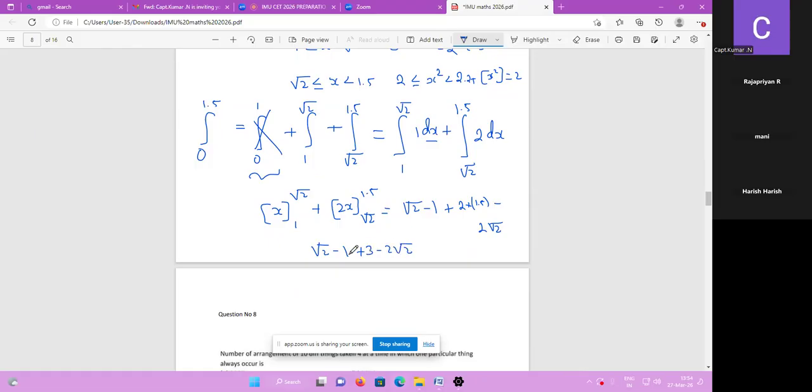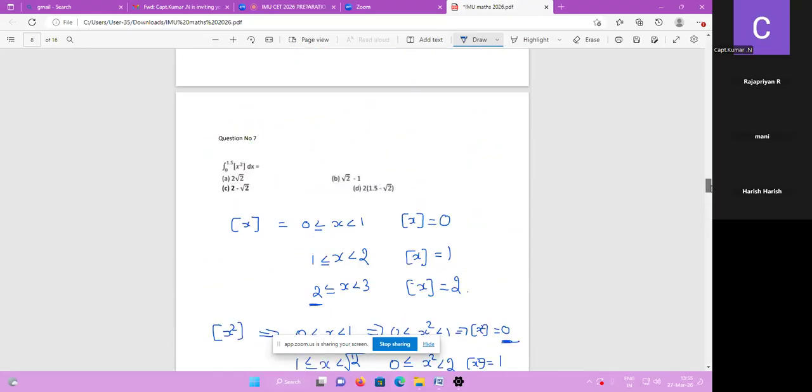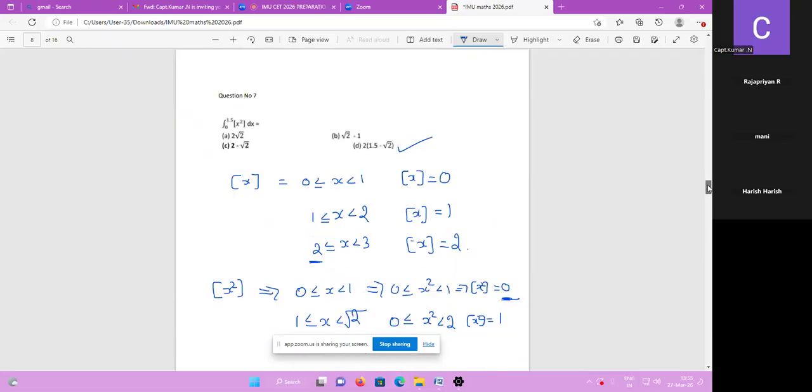So 3 minus 1 is 2. So root 2 plus 2 minus 2 root 2. If we take 2 common, the answer will be 2 plus root 2 minus 2 root 2, which simplifies to 2 minus root 2. So the answer will be this. Okay, check.